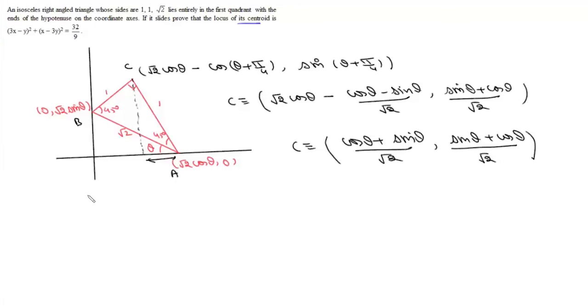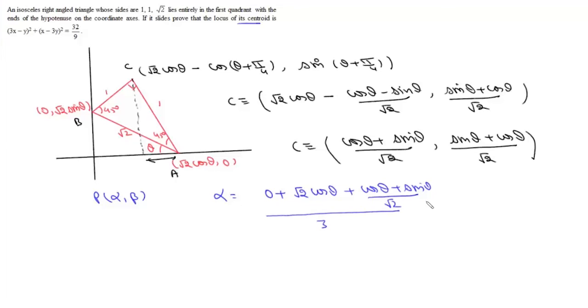Now suppose this locus is this point P, (alpha, beta). Now alpha will be 0 plus root 2 cos theta plus (cos theta plus sin theta) by root 2, whole divided by 3, and that will be (3 cos theta plus sin theta) upon 3 root 2.